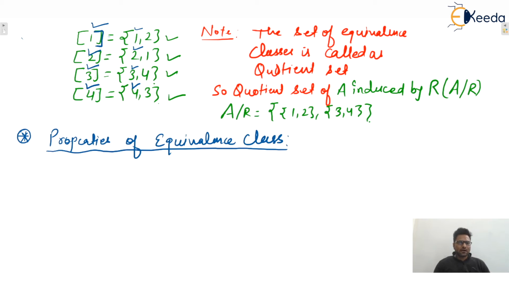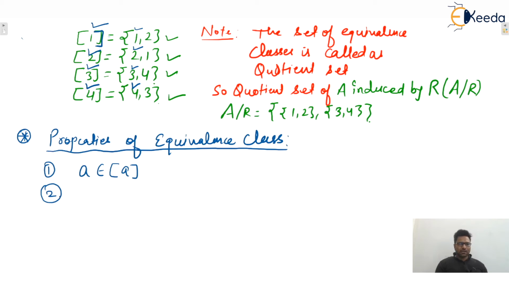So if self loops are present, then 1 will be related with 1, 2 with 2, 3 with 3, and so on. That's why every element x will belong to the equivalence class of x. I hope this one is clear to everyone. So the first property we can write down: a belongs to the equivalence class of a.